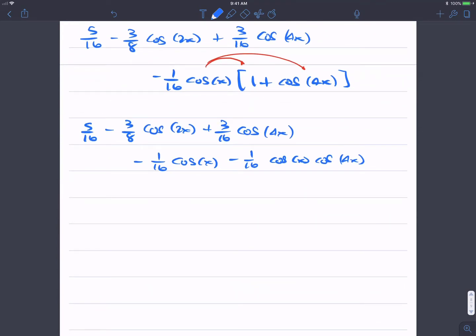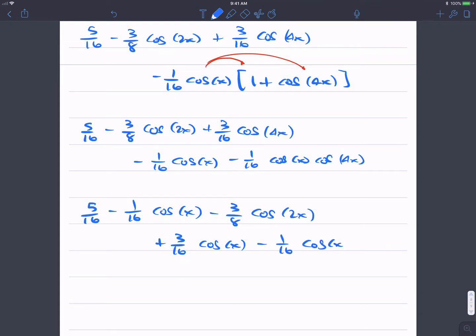Okay, now let's try to simplify everything that we have here. Okay, we might be able to combine some like terms, maybe not. We're going to see what we get. I get 5/16 now minus 1/16 cosine of x minus 3/8 cosine 2x plus, looks like 3/16 cosine x minus 1/16 cosine x cosine 4x.